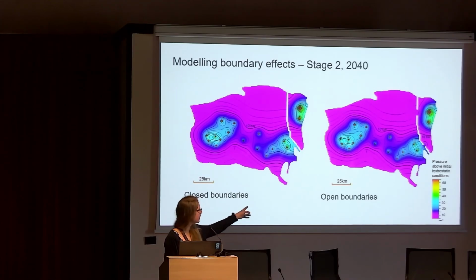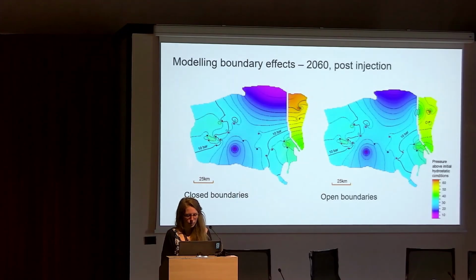You can see on the right the open boundaries, and you're getting pressure relief into the larger hydraulic unit at the top. And then this is the post-injection, so we continued it until 2060. You can see in the smaller compartment that pressure relief through the top helps stop the build-up of pressure.